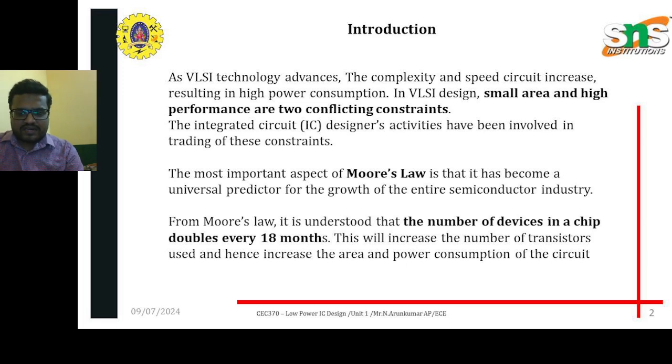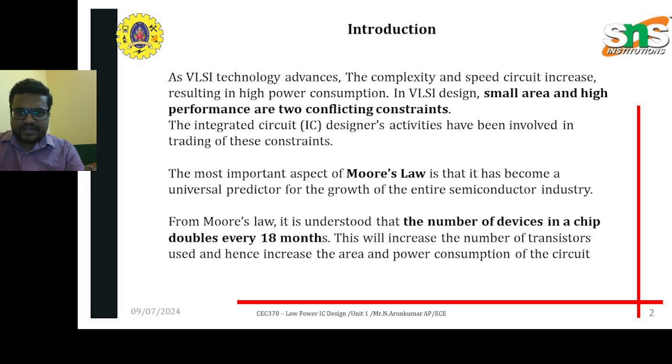One of the factors which can define ICs and their power factor by using packages is Moore's law. The most important aspect of Moore's law is that it became a universal predictor for the growth of the entire semiconductor industry.